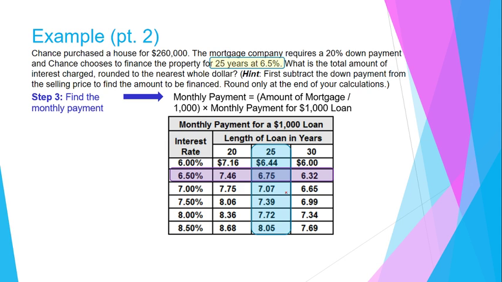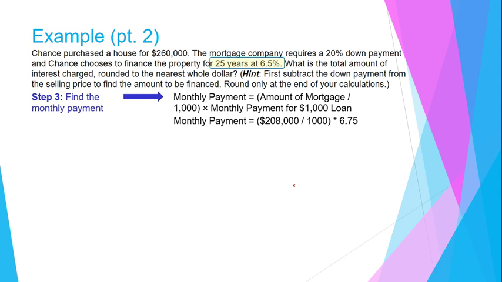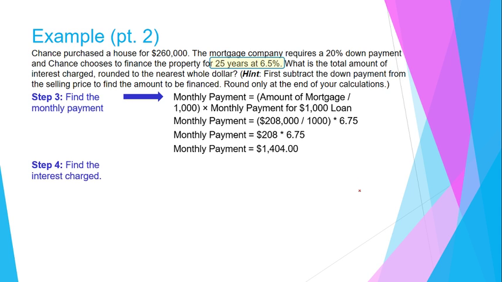And remember, that means for every $1,000 that you borrow, you have to pay back $6.75 every month for the next 25 years. Alright, let's plug that into the formula. We get 208,000 divided by 1,000 times 6.75, giving us a monthly payment of $1,404.